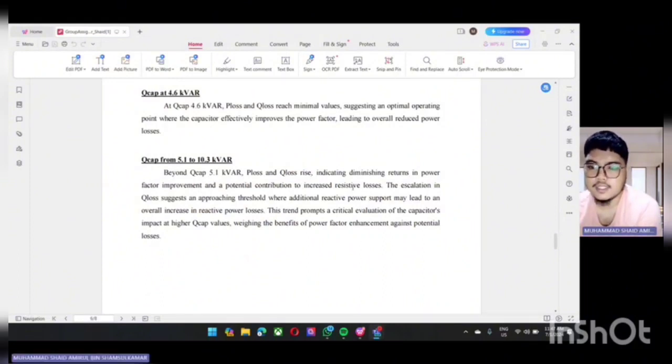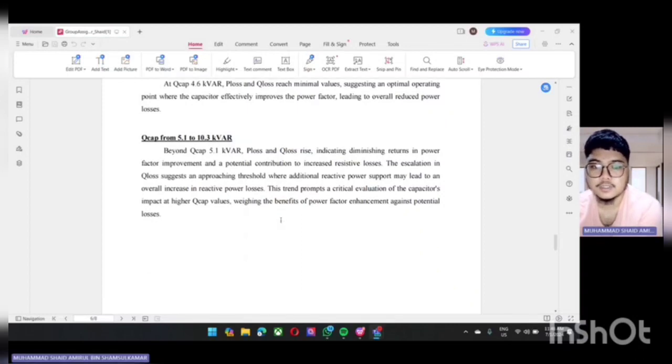The escalation in the Q losses suggests an approaching threshold. The additional reactive power support may lead to an overall increase in the reactive power losses. The trend prompts a critical evaluation of the capacitor's impact at the higher Q cap values, weighing the benefit of the power factor achievement against potential losses.